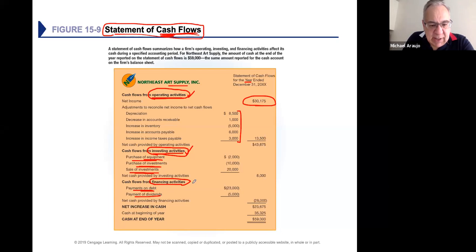So financing activities really have to do with any activities related to liabilities and owners' or stockholders' equity, because that's how the company is financed. That's where they get their money. Remember, the word financing is commonly used. You'll often hear when you buy something very large, like a car, they're going to say, well, how are you financing this?